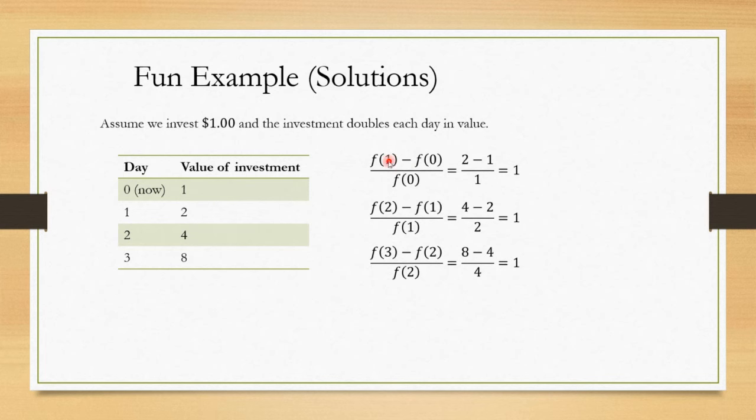So again, you're taking f of 0, you're adding 100% of it to get f of 1. To get f of 2, you're taking f of 1, you're adding on 100%. So you're not adding on a fixed amount, you're adding on 100%. So R is 1 as a decimal.